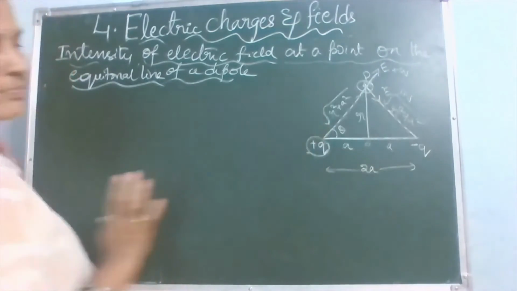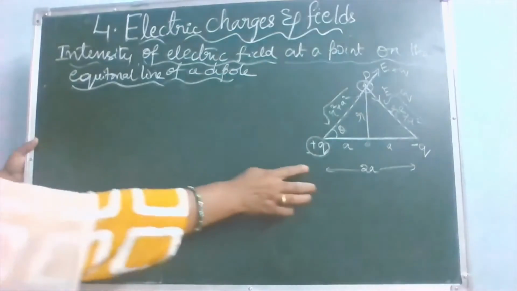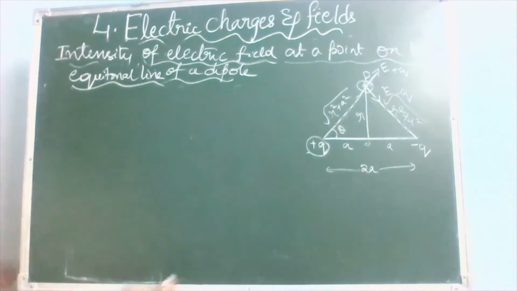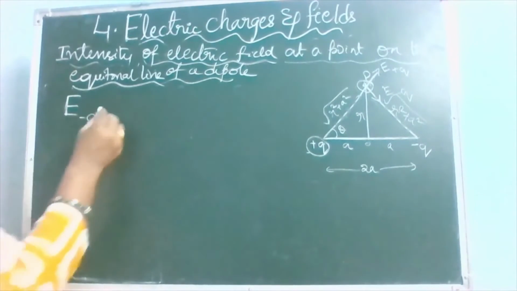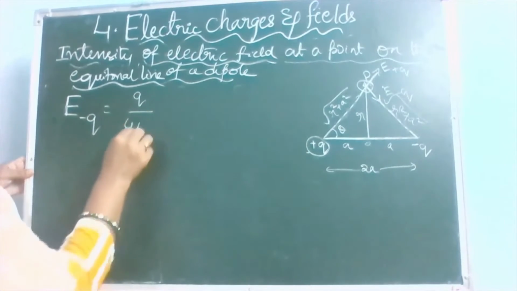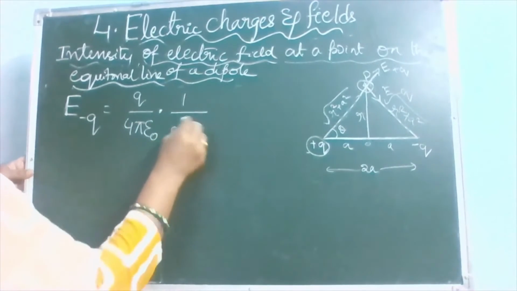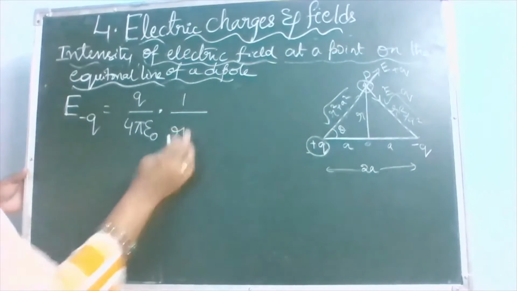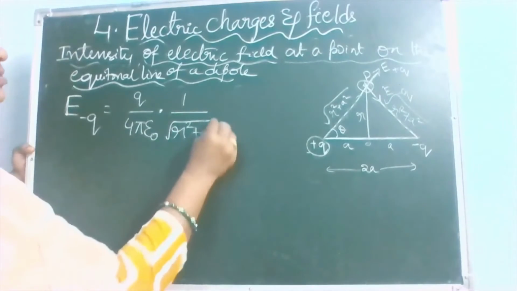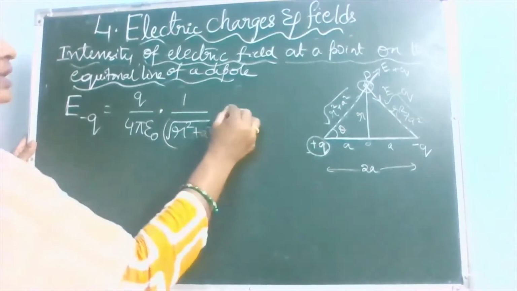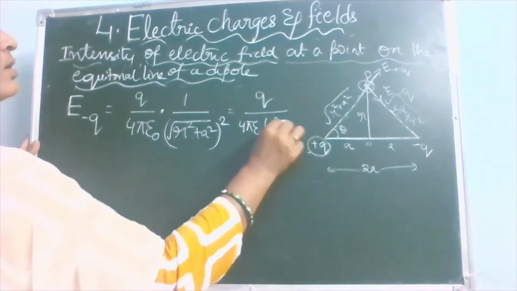So the electric field intensity because of this positive charge will be equal to q by 4 pi epsilon naught into 1 by (root over (r square plus a square)) whole square, that equals q by 4 pi epsilon naught into (r square plus a square).